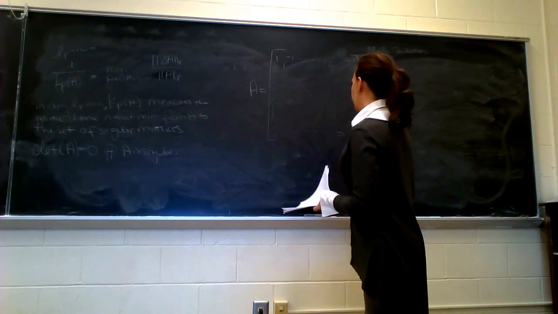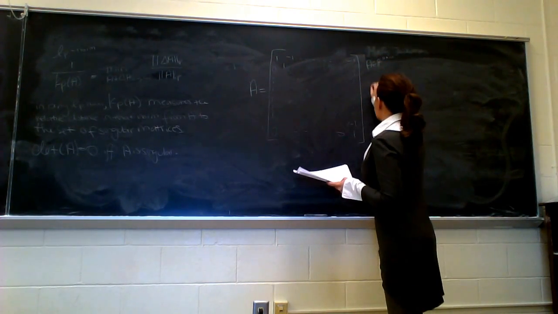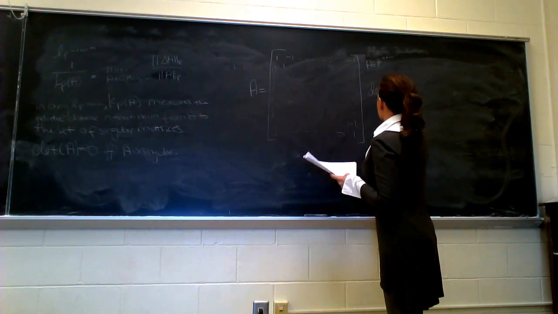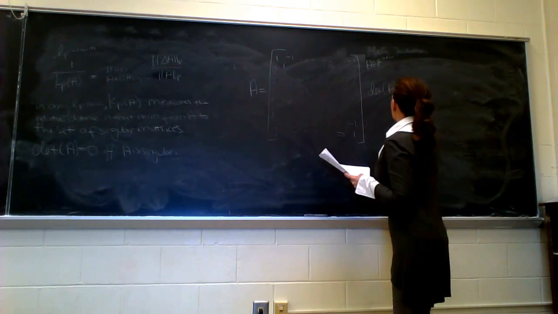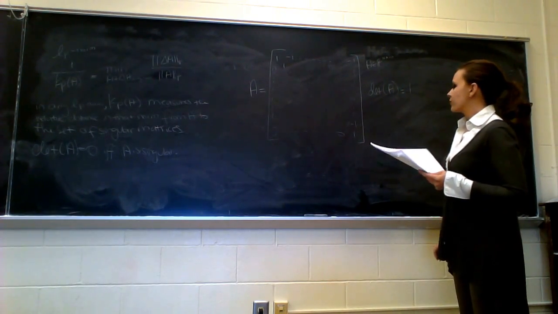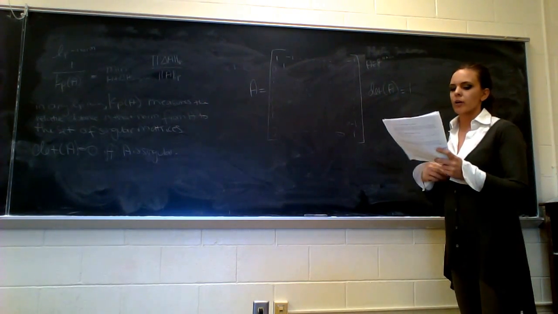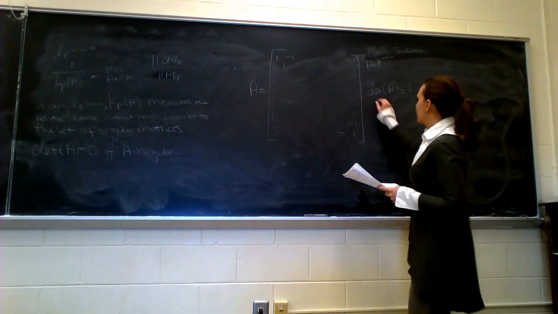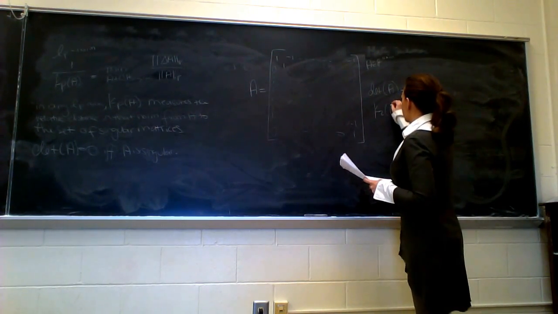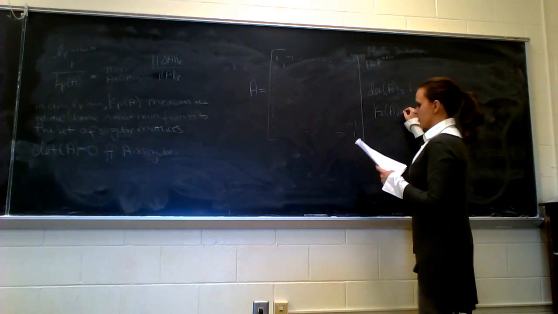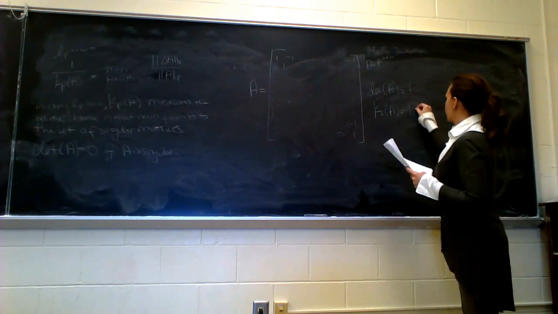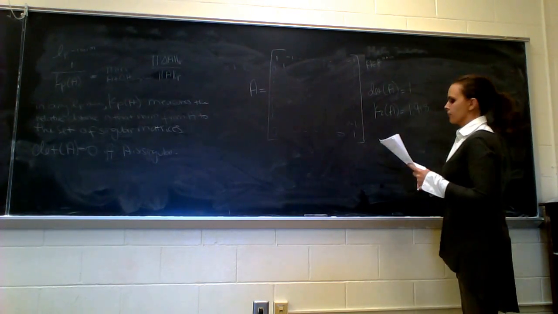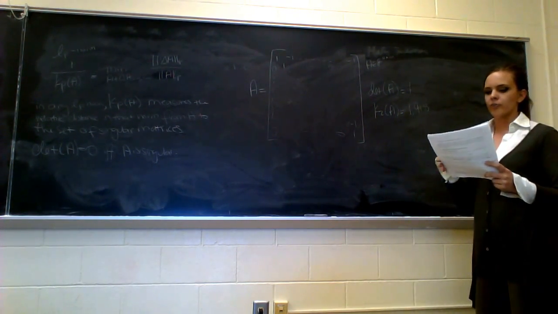So the determinant of this matrix is really easy to calculate. It's just the product of all of the diagonal elements. So the determinant of A is equal to 1. But if you were to actually calculate the condition number of this matrix, you would get that it's 1,918.